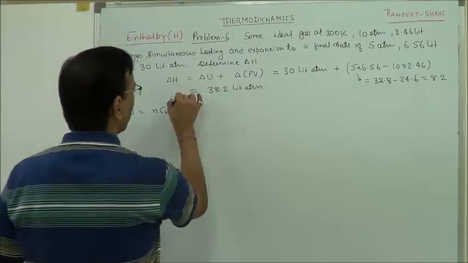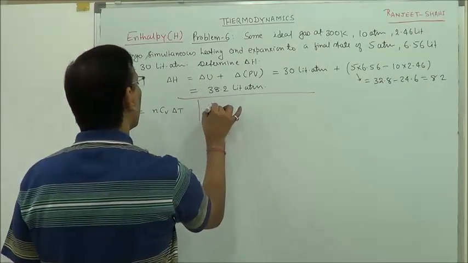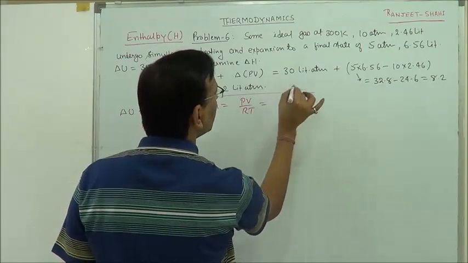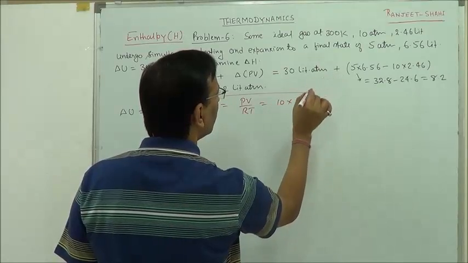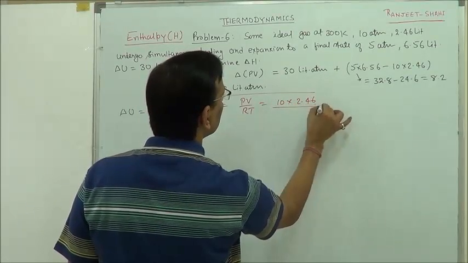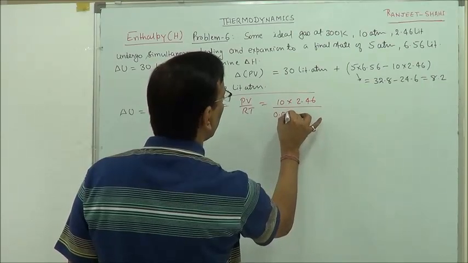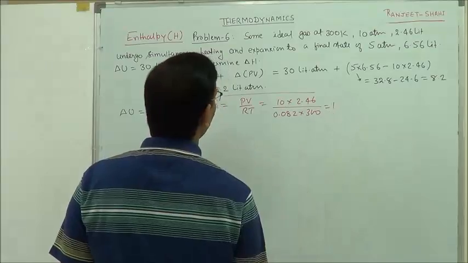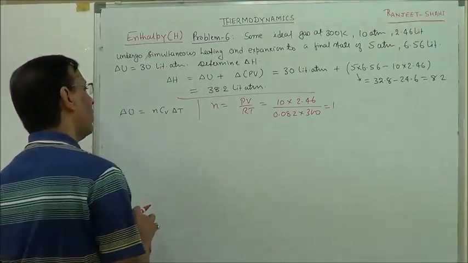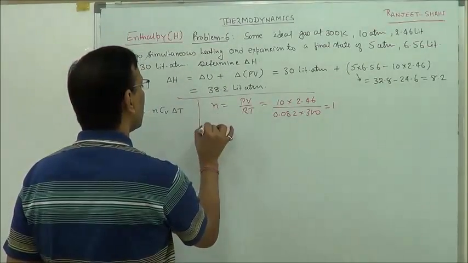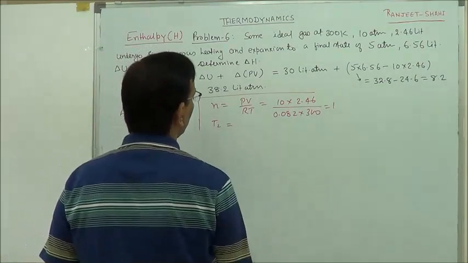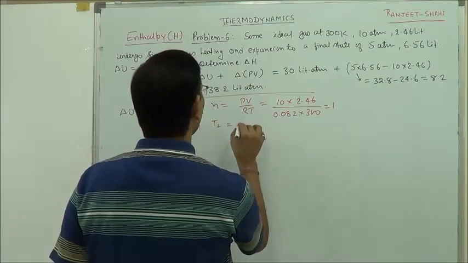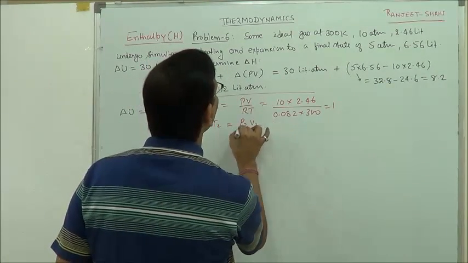If we want, we can work out number of moles: PV upon RT, pressure is 10, volume is 2.46 upon 0.082 into 300, so it is 1. Final temperature can also be known. T2 is P2 V2 upon nR.